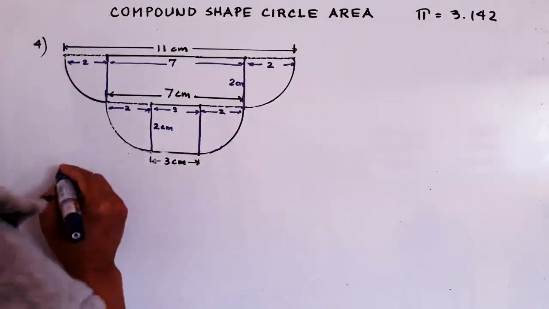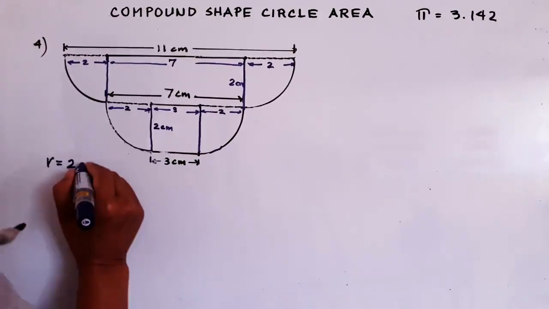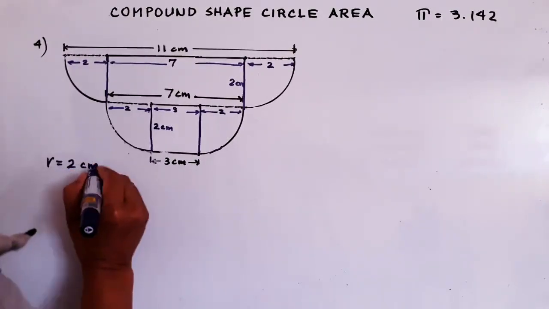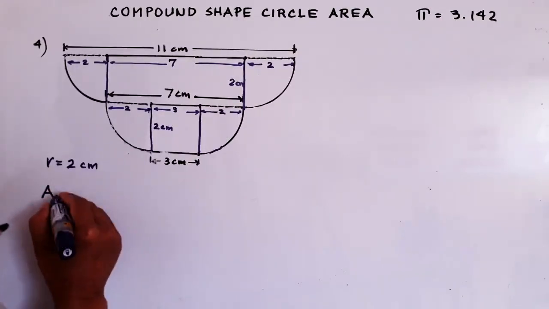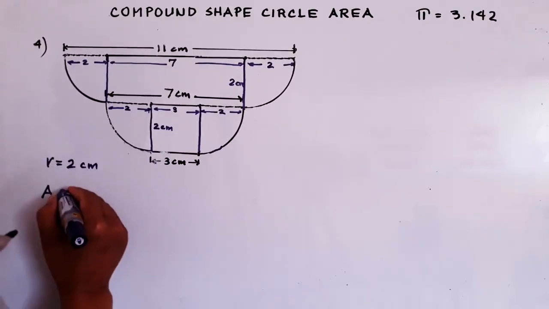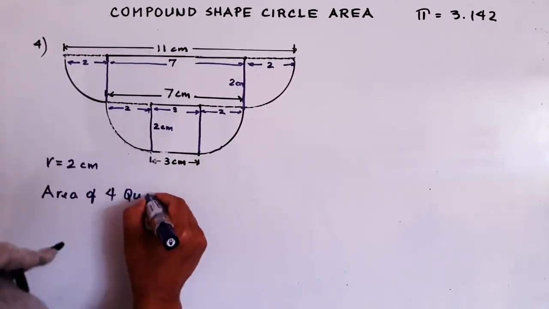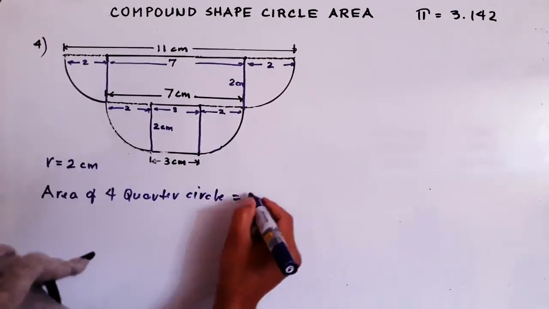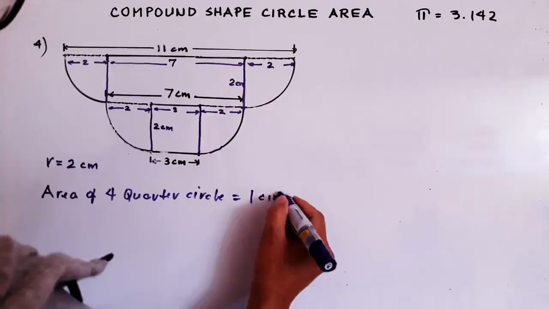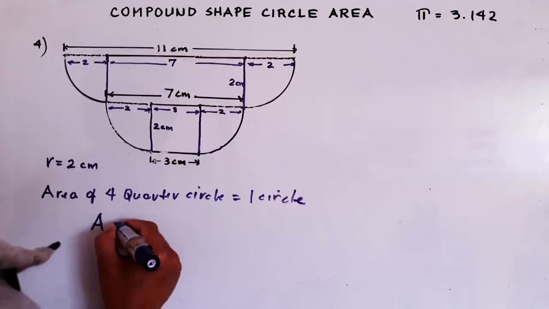So when you compute that one, let's put the radius so we don't get confused. Alright, 2 cm. So let's find the area, and we'll have only the area of the 4 quarter circles. Area of 4 quarter circles is equal to 1 circle area. So I have the area of that circle.